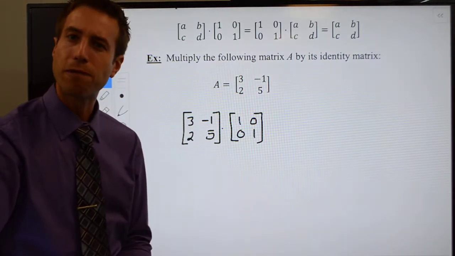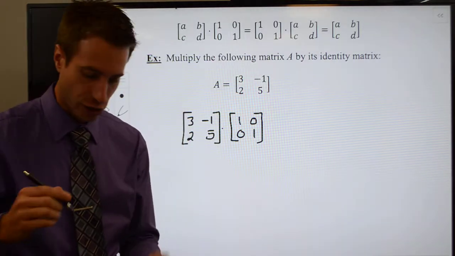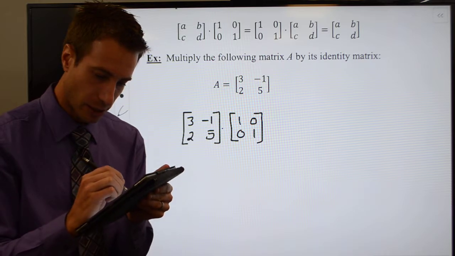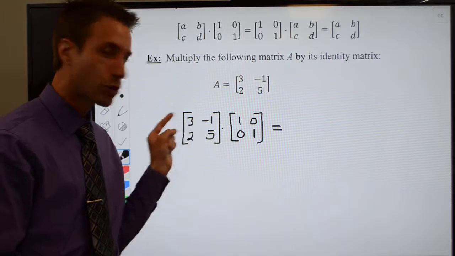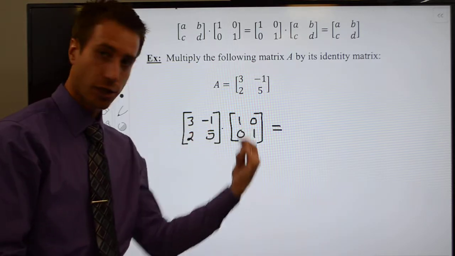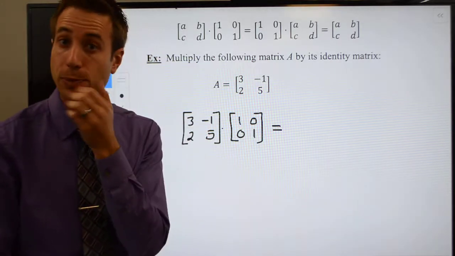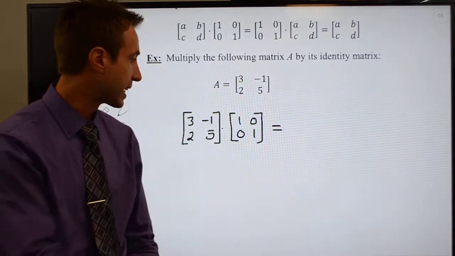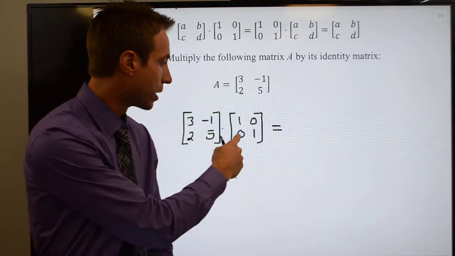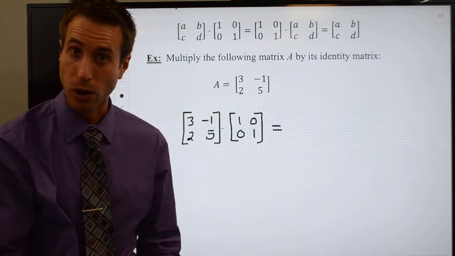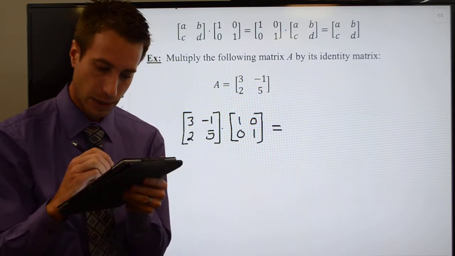Now let's refresh on how multiplication works. I take the first row, first column, multiply corresponding elements, and then add them together. So 3 times 1 is 3. -1 times 0 is 0. 3 plus 0 is 3.